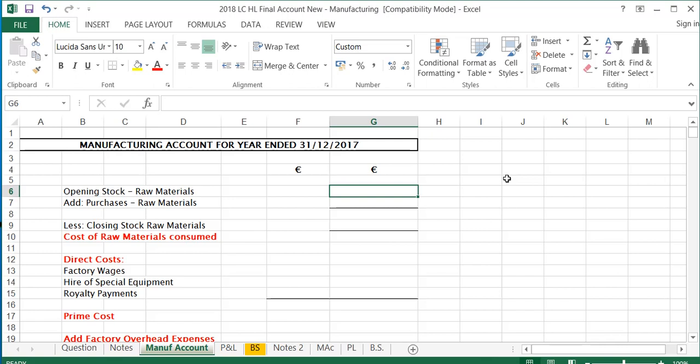So opening stock of raw materials. Sorry, just make sure I have the correct figure. It's 41,500.